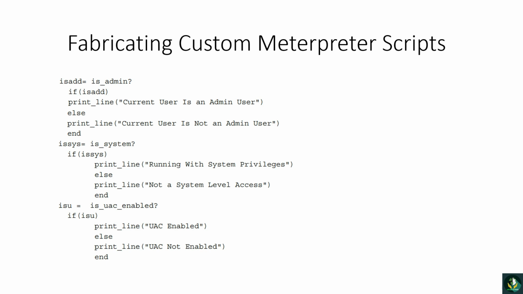Next, we simply check whether the value of the isadmin variable is true or not. If it is true, it prints out a statement indicating that the current user is the admin. Next, we perform the same for the is_system and UAC_enabled methods from the same file in our script.